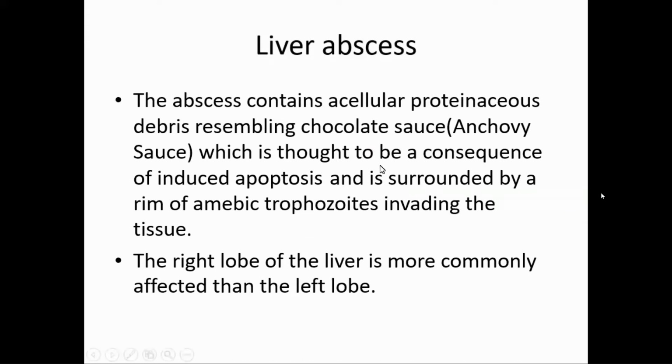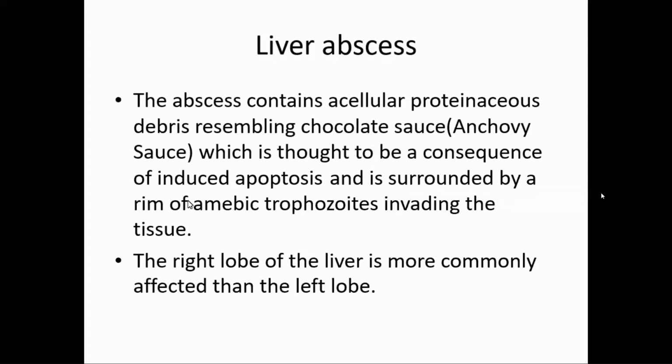The abscess contains acellular, broken down proteinaceous debris, and the debris resembles chocolate sauce. It is not purulent pus. It is chocolate-colored pus, so it is called chocolate sauce or anchovy sauce. So you always remember the anchovy sauce or chocolate sauce appearance of the pus in the liver. That is an amoebic liver abscess.